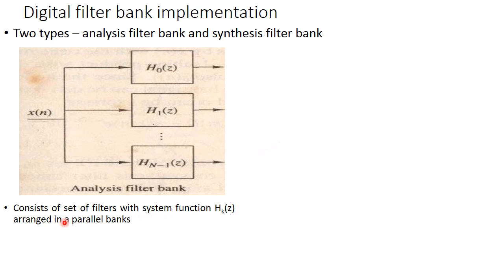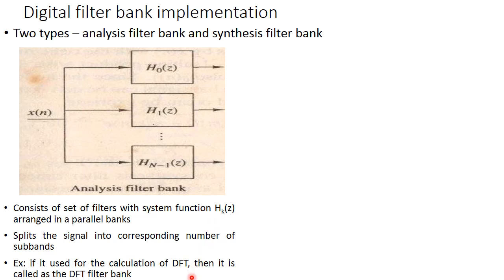This consists of a set of filters with the system function say Hk of z, arranged in parallel banks. This splits the signal into a corresponding number of subbands. If it is used for the calculation of the discrete Fourier transform, then it is called a discrete Fourier transform filter bank.